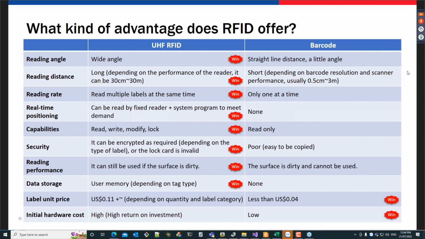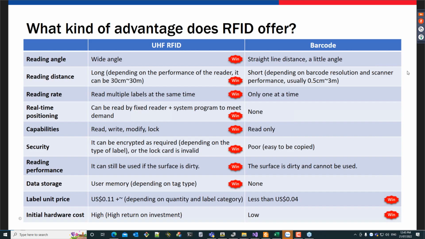And also, as I just mentioned, it has much bigger user memory, so it can store more data than barcodes. However, there are still some advantages for the barcode, because barcodes are cheaper than RFID tags.